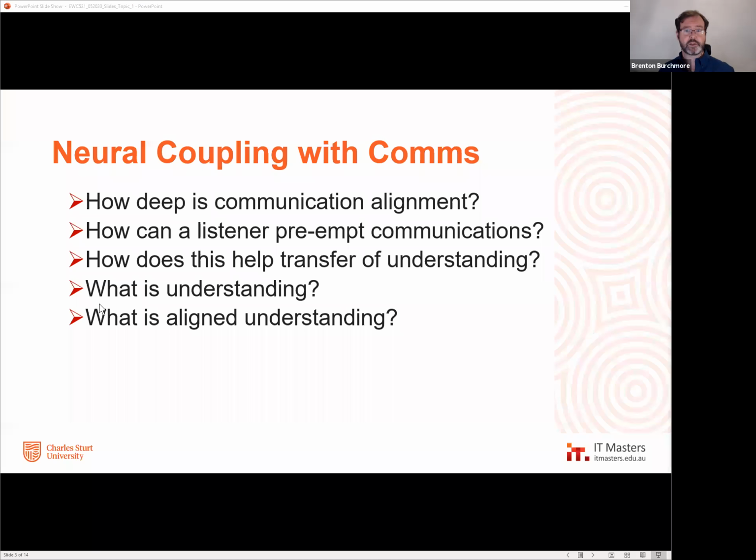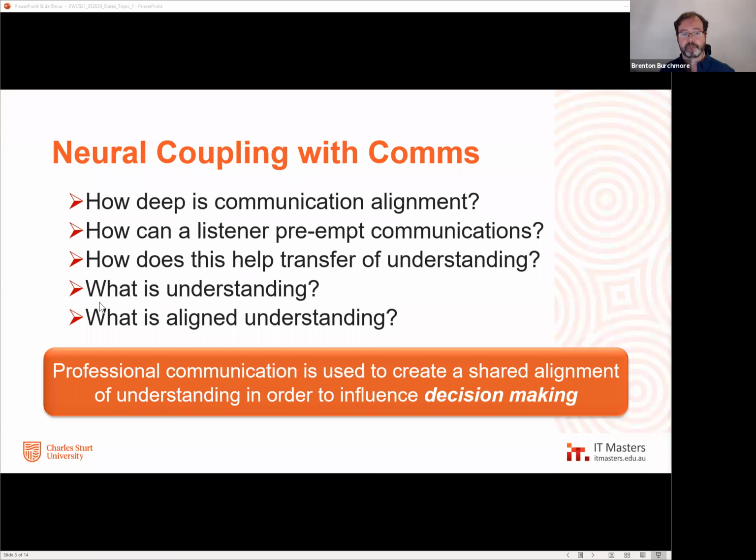So aligned understanding is when two people understand the same thing in the same way, as in subject to the same forces, the same cause and effect. So how we define that, how we put a box around that, is we define it from the perspective of decision making.